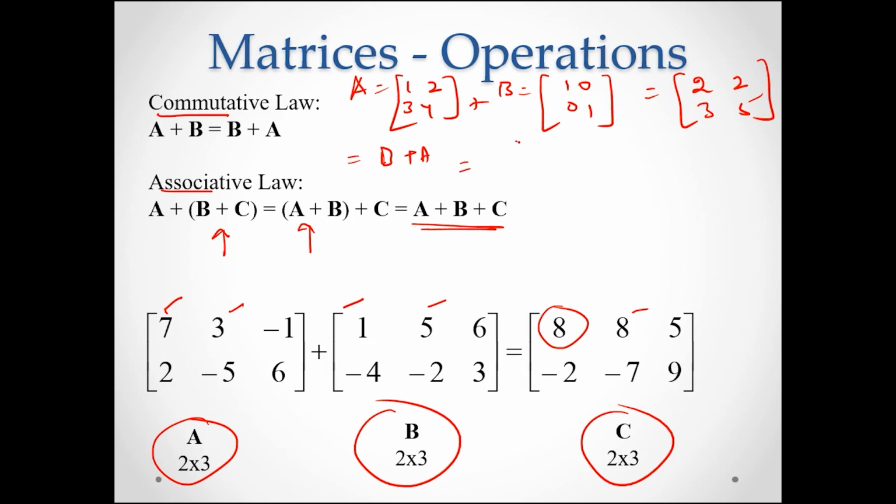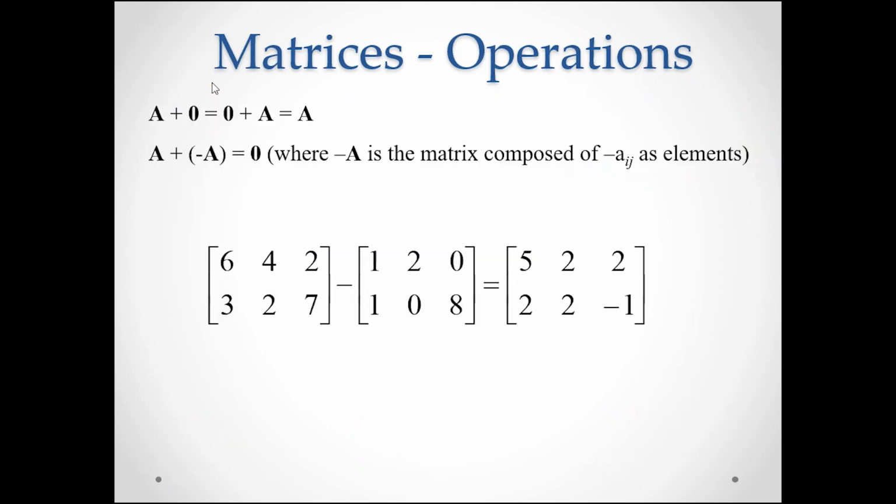And if I add B plus A, B first and then A, so it is 1, 0, 0, 1 plus 1, 2, 3, 4. This is going to be equal to 2, 2, 3, and 5. They are the same. So this proves the commutative law. And I hope that on similar patterns you can try the associative law, right?